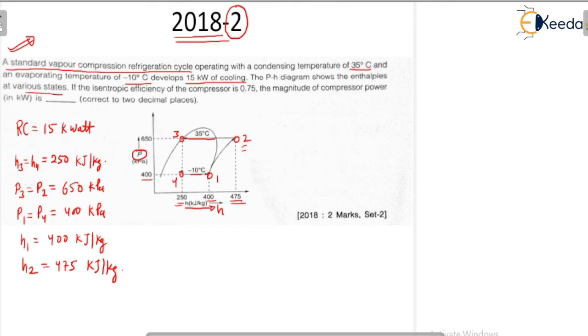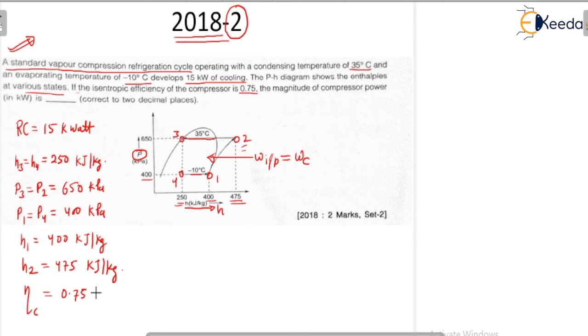After that, the isentropic efficiency of the compressor is 0.75, and that relates to your compressor work input.